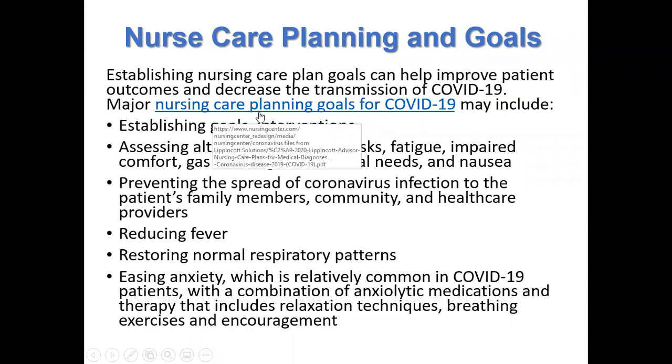The major nursing care planning goals for COVID-19 may include establishing the goals and interventions, assessing altered skin integrity risks, fatigue, impaired comfort, gas exchange, nutritional needs, and also nausea. Preventing the spread of coronavirus infection to the patient's family members, communities, and healthcare providers.